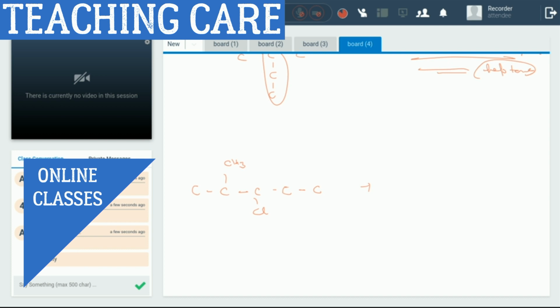So the name of that compound would basically be 3 chloro 2 methyl pentane. Yes, you were saying it very right. So 3 chloro, 2 methyl, pentane. Got it?